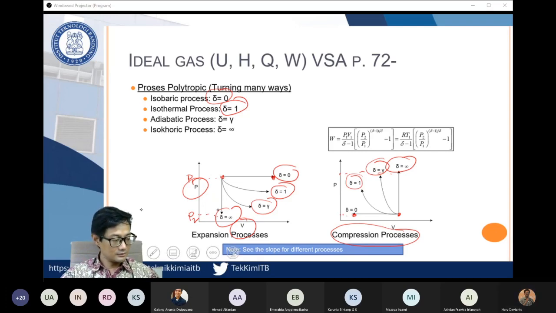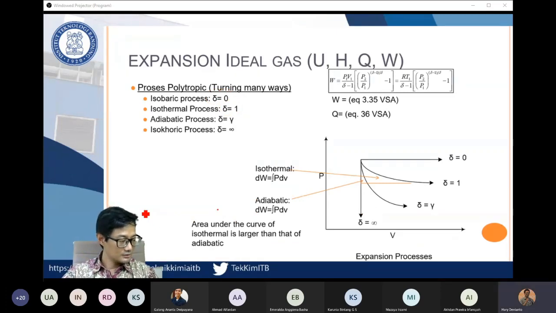If not, let's go into a bit more detail. Remember, by definition, work is equal to the integral of P dV.